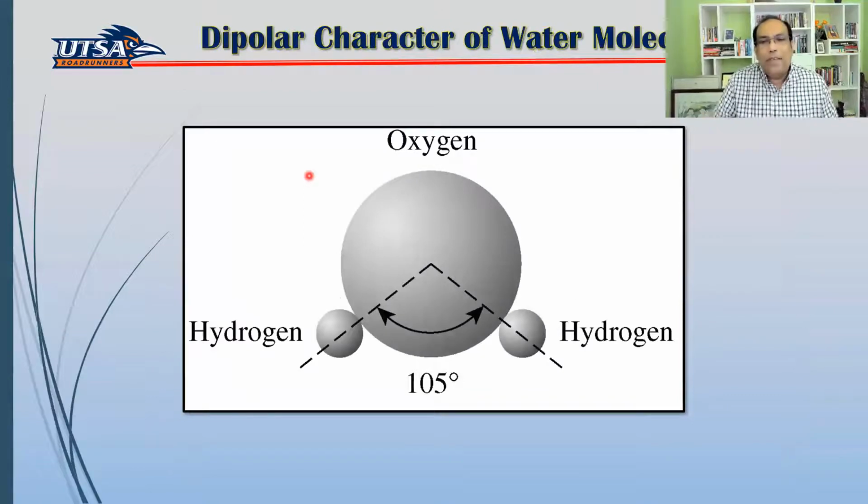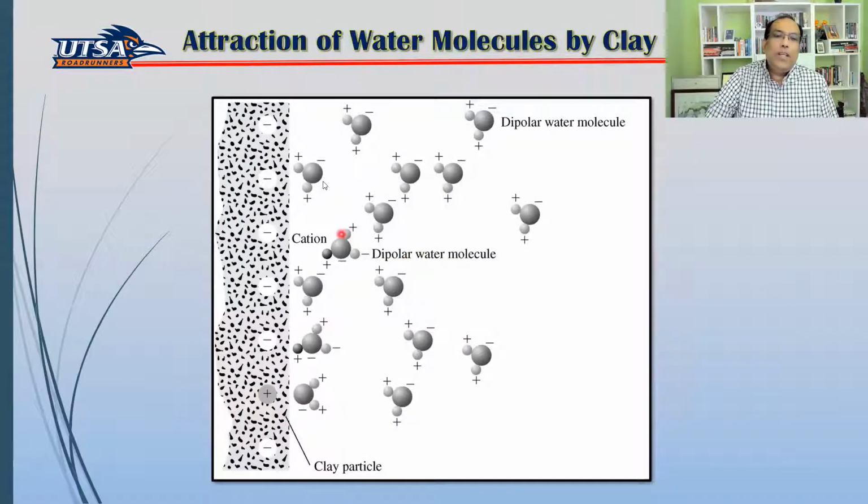Now what happens if there is no metal salt present in the water? In that situation, you can see this is water, and water can easily polarize in such a way that one side is the hydroxyl ion and the other side is the positive hydrogen ion.